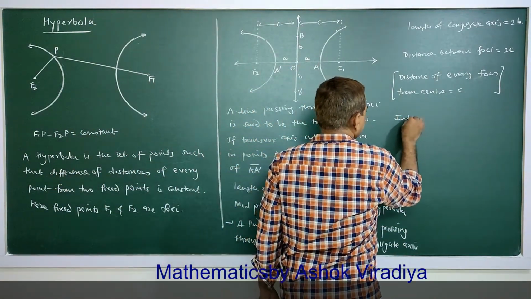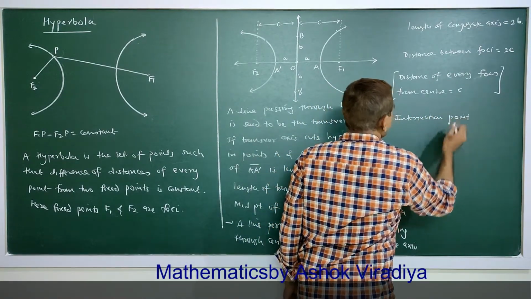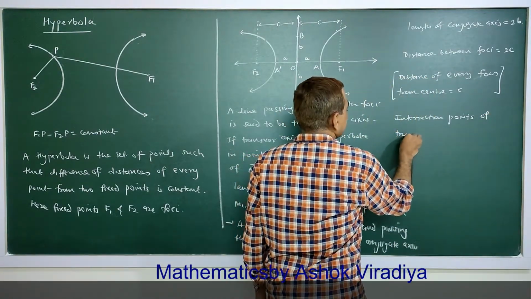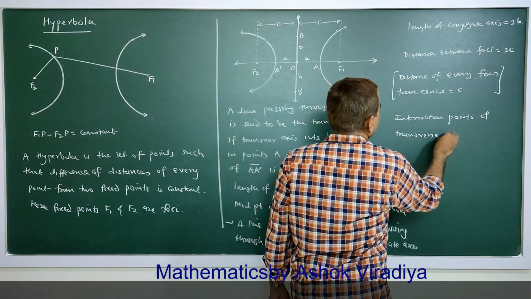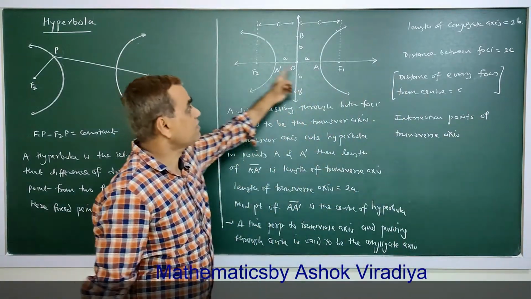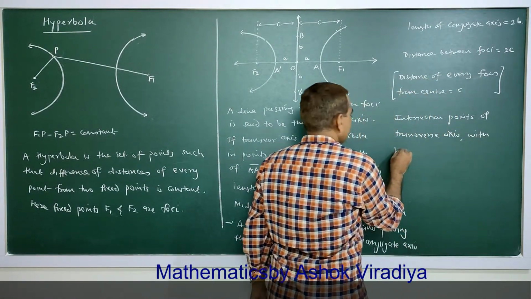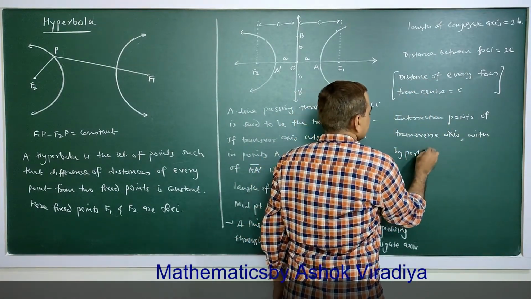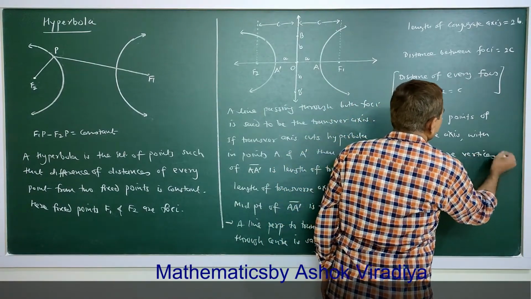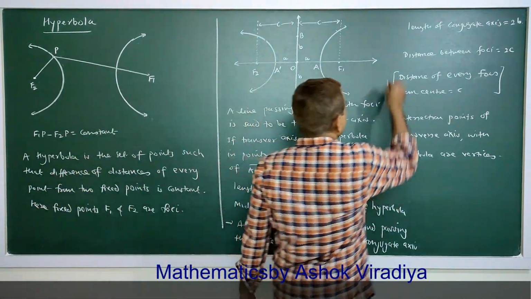The intersection points of the transverse axis with the hyperbola are said to be vertices. So here A and A dash are vertices.